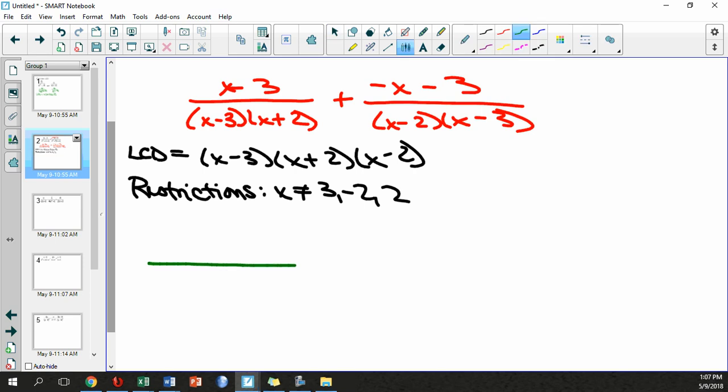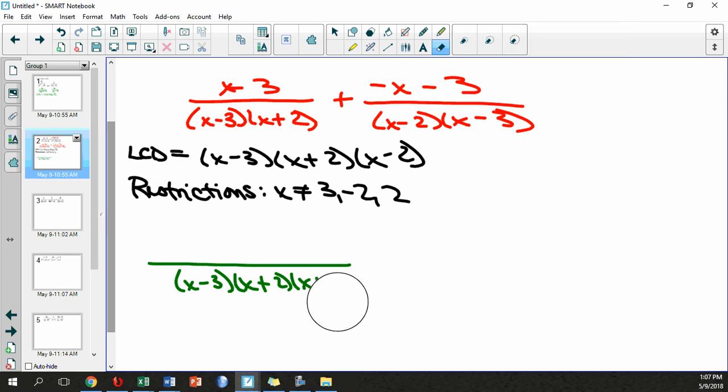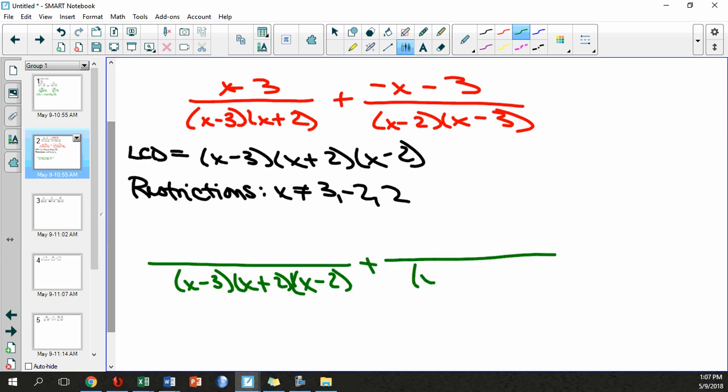I need each of these denominators to have that current LCD. Okay, so what did I do to this red first denominator to get the first green denominator?